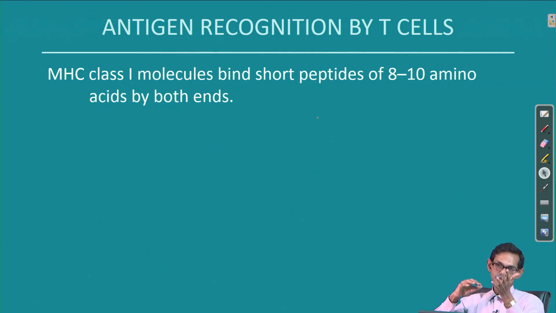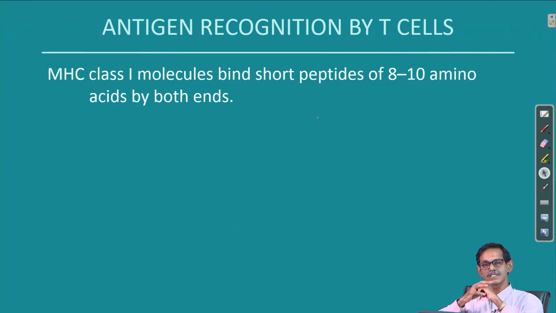In a few books, even in the same GNOA book that I am following, if you go to an older version, you may find 9 to 11 amino acids. So it is not exact, because there is no fixed rule. It is an average of 8 to 10, maybe plus minus 1 or 2. So MHC1 can bind an 8 to 10 amino acid length peptide.